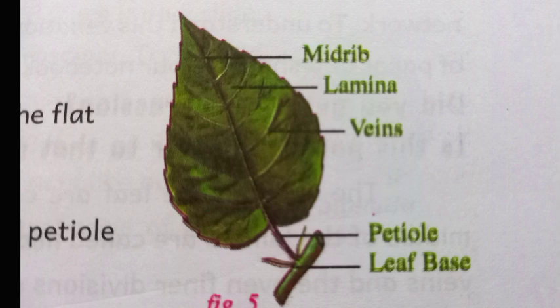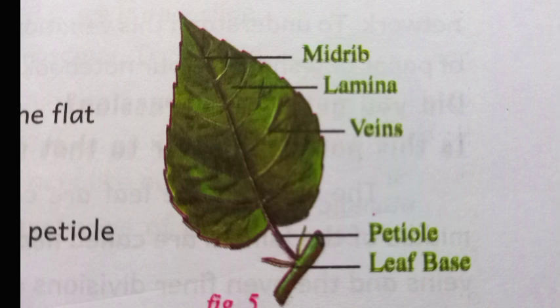Where is the leaf attached to the stem? That is the leaf base. What is the flat portion of the leaf called? That is the lamina. What do you call the small line-like structure in the flat portion of the leaf?